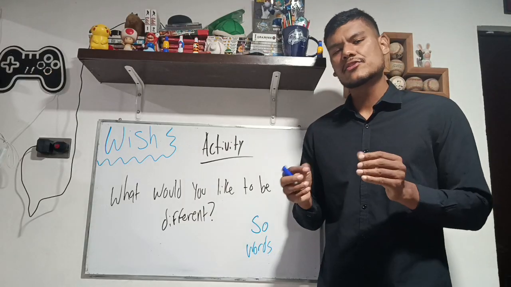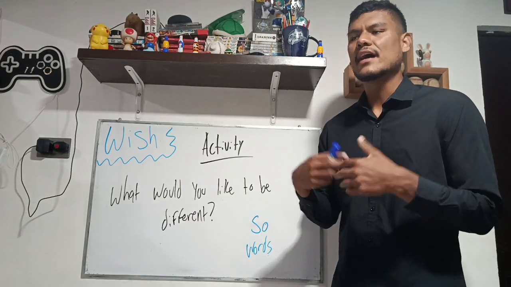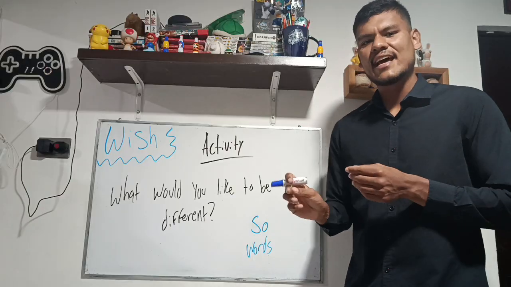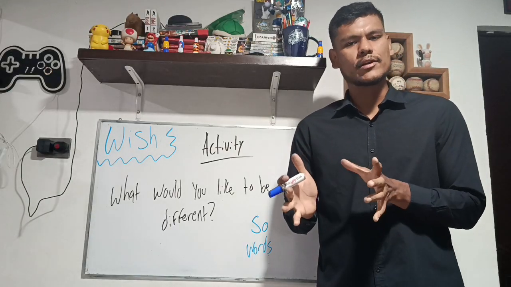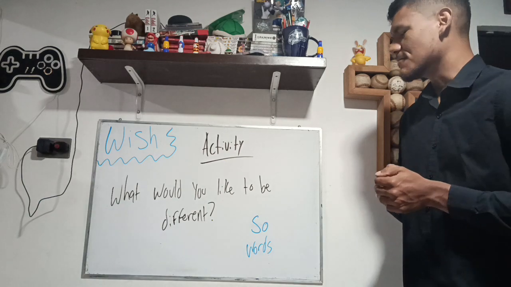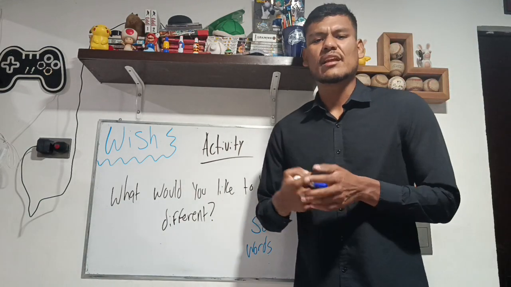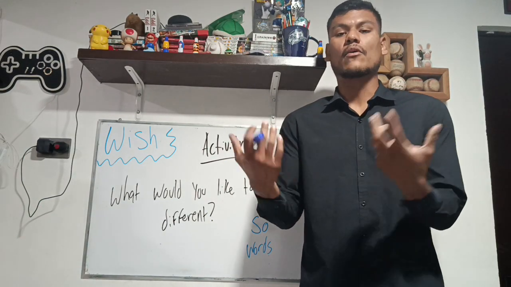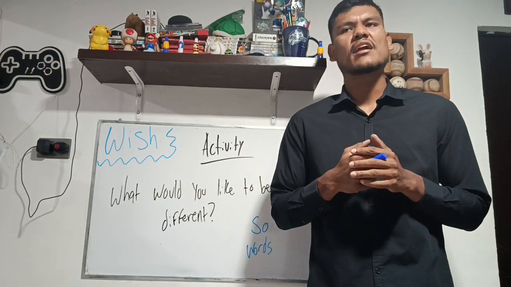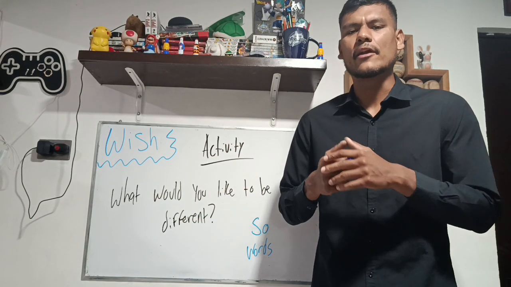Now, to finish with today's class, we're going to do another activity, alright? This activity is going to be a text of around 50 words where you express what you would like to be different. It can be something about you, about the city, about the school, about your parents, it doesn't really matter, okay?